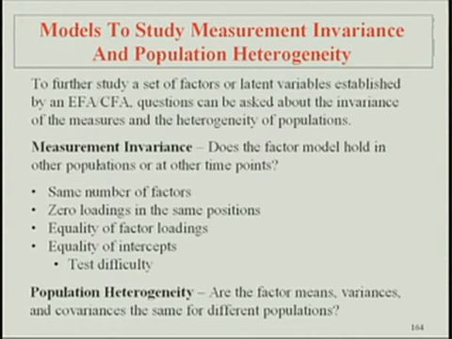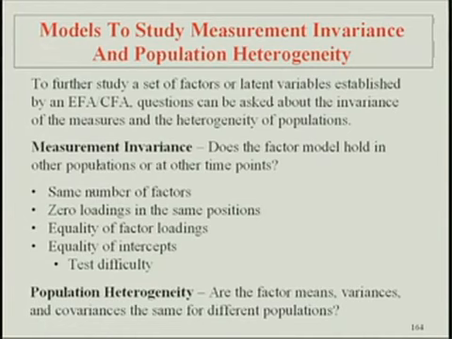You can ask about measurement invariance with respect to the number of factors, with respect to having the CFA 0 loadings in the same positions, or more strictly by talking about equality of factor loading values, or equality of intercepts in the factor model, which we haven't talked about yet. Whereas population heterogeneity, as it says on the bottom of slide 164, has to do with whether factor means, variances, covariances are the same for the different populations.